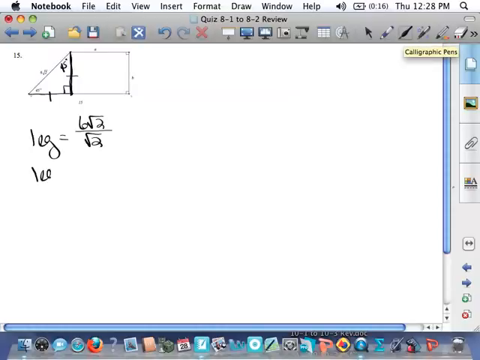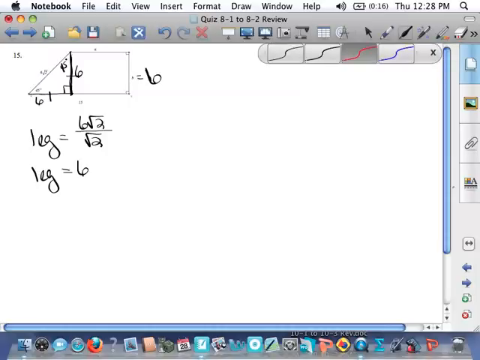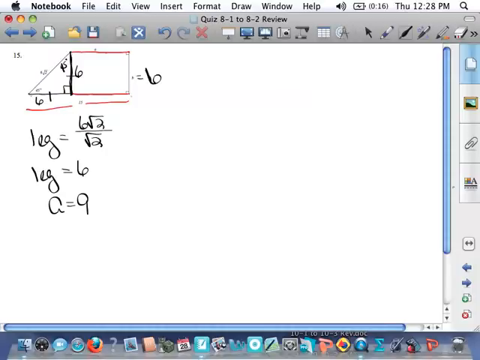So therefore the leg is equal to 6. So this is 6, and this is 6. Therefore, B is 6. Now for the next, I'm looking for A, which is here. A is just this part. If the entire thing is 15, then A equals 9. So B is 6, and A is 9.